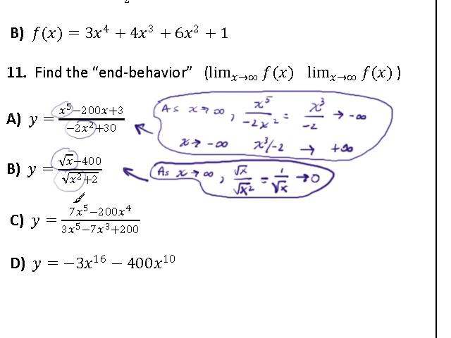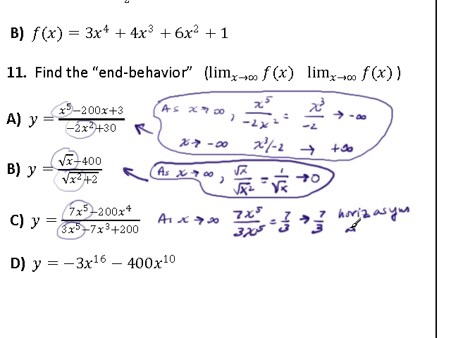All right, in this one, we're going to take the quotient of the highest powers. And we have 7x to the fifth over 3x to the fifth. Well, that's just equal to 7/3, and that stays at 7/3. All right, so that's a horizontal asymptote at y equals 7/3.